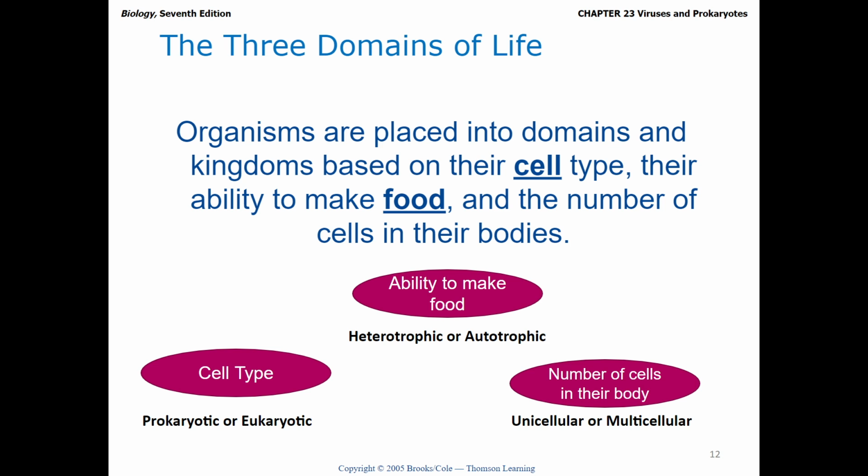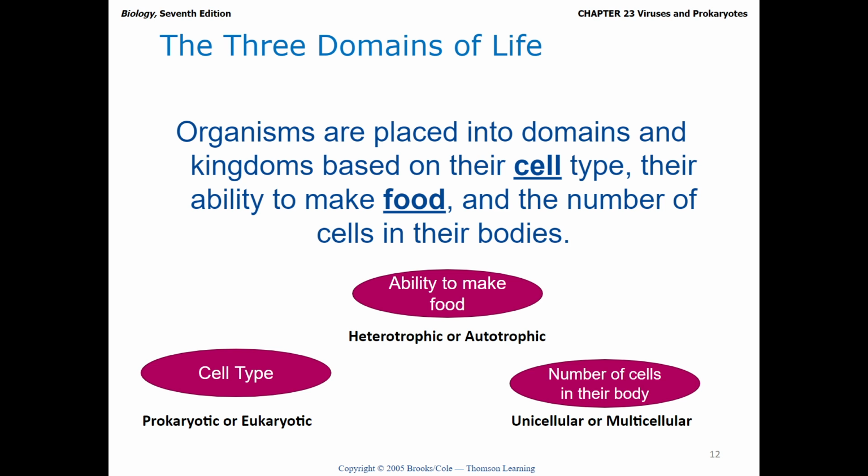So again, still talking about the 3 domains of life, we're going to place organisms into the domains based on their cell type, prokaryote or eukaryote, their ability to make food, autotrophic or heterotrophic, and the number of cells in their bodies, unicellular or multicellular.